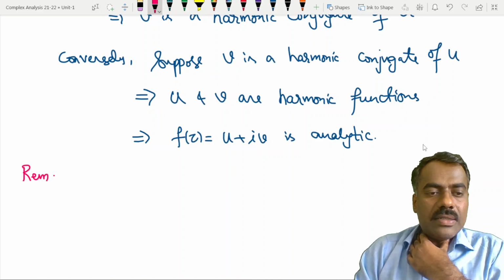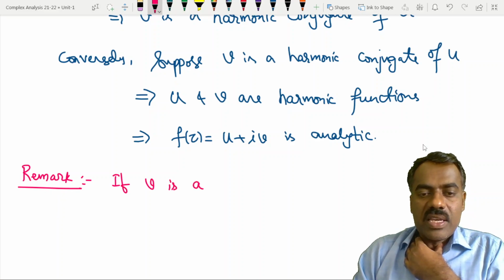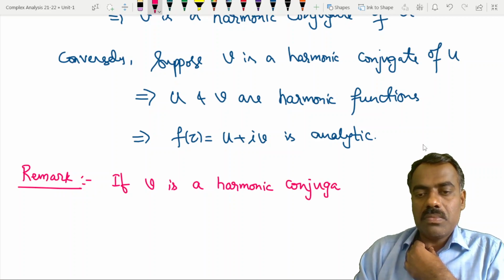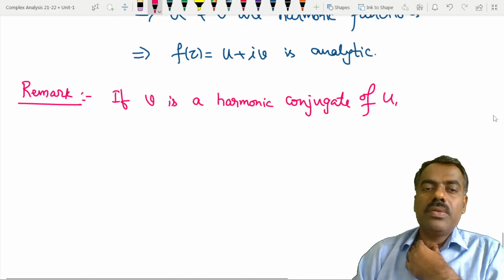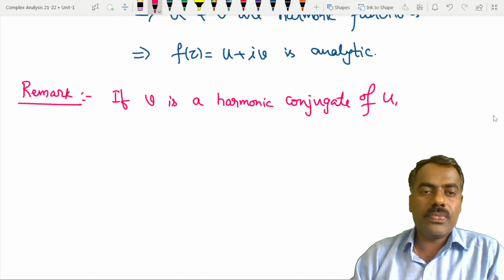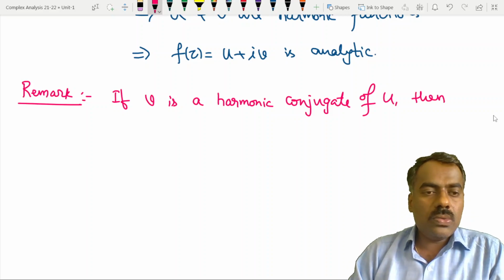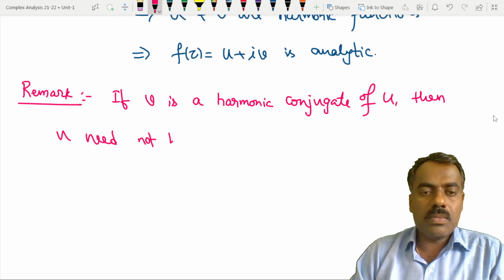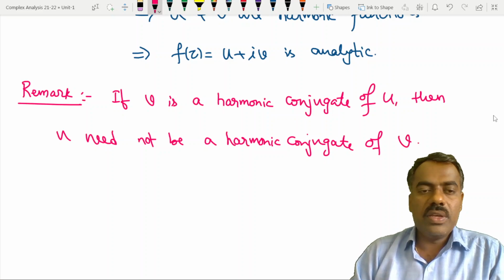The remark is that if V is a harmonic conjugate of U, then U need not be a harmonic conjugate of V. Is the question clear?